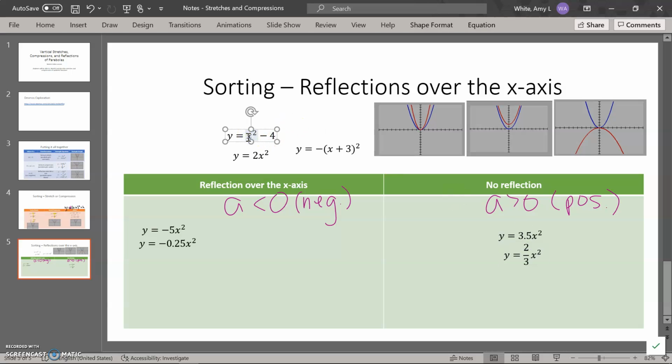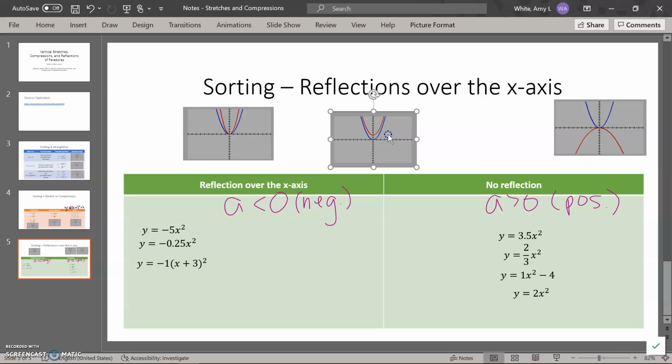There is no A value, so we have that invisible 1 again. So when we have an invisible 1, there is no reflection. +2 means that there is no reflection. Now here we have a negative out front. That's like saying -1. When we see that negative out front, we know that we have a reflection.